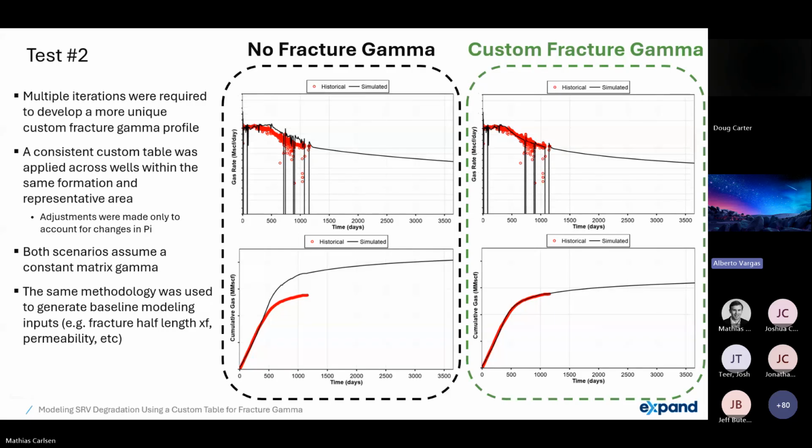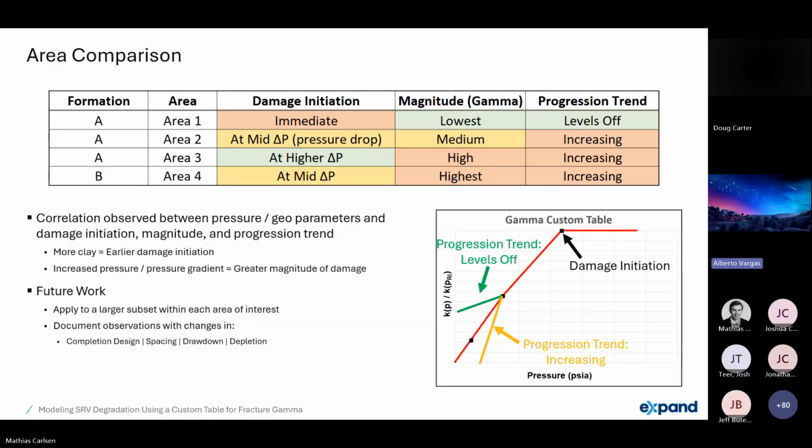And then one thing we did do is use a consistent methodology: going through our RTA, then the numerical RTA, and then using that as the inputs for the numerical model. Essentially we're iterating on fracture half-length, XF, and permeability, which were the large knobs that were turned. I didn't necessarily know that this was going to be something we'd be able to do, but it worked out, so I wanted to share it with you guys.